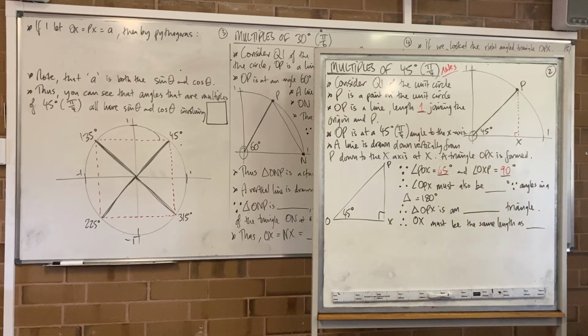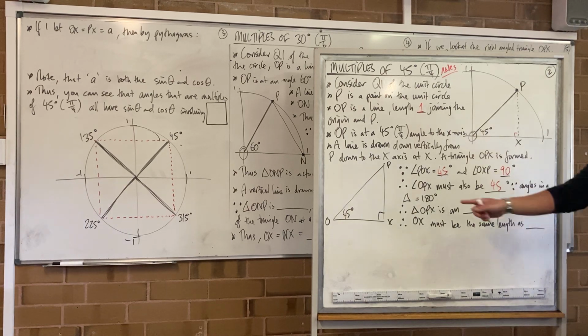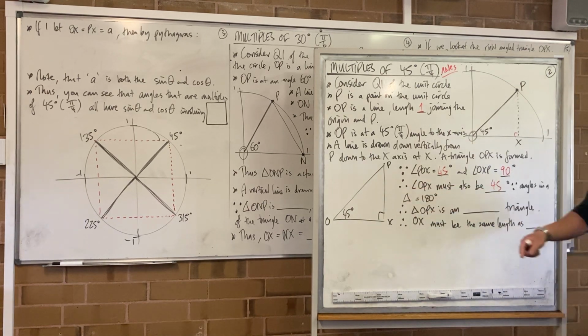OPX must therefore also be what? It must also be 45 degrees. Why? Because of the rule, angles in a triangle. Just a reminder, if the triangle of three dots is pointing down, that means because. If it's pointing up, that means therefore. Why?